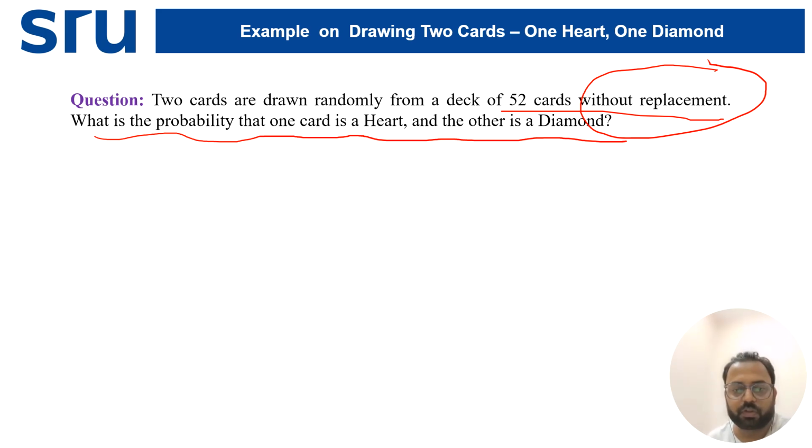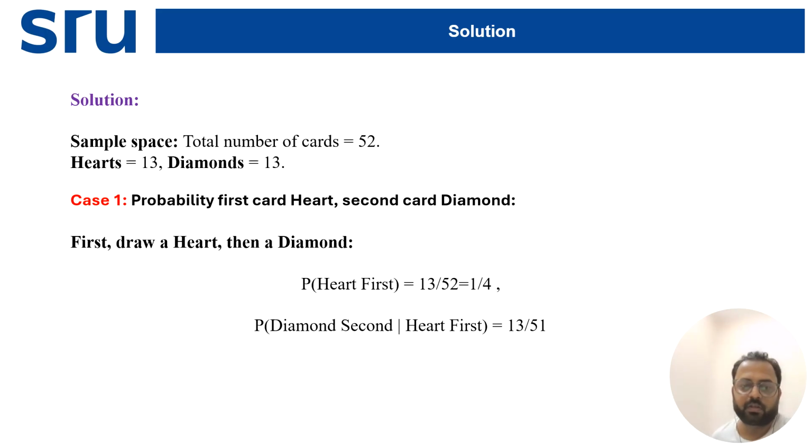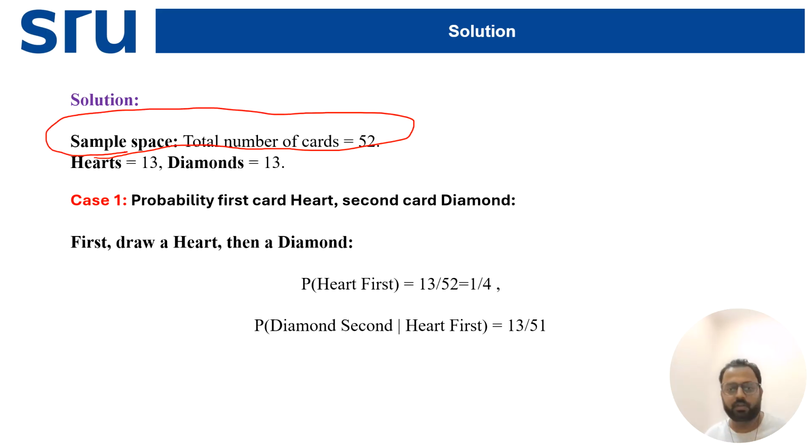Now come to the solution of this problem. The total number of cards is 52. We need to find the probability of drawing a heart and a diamond. The total number of heart cards is 13 and the total number of diamond cards is 13.